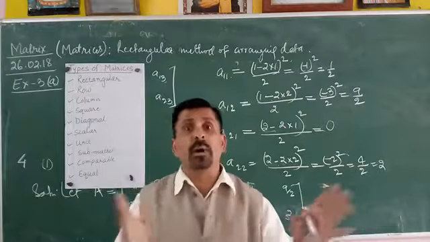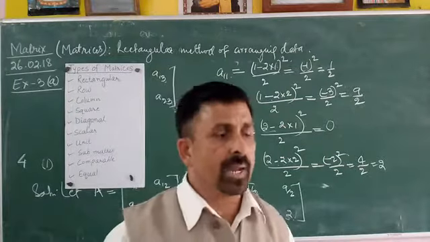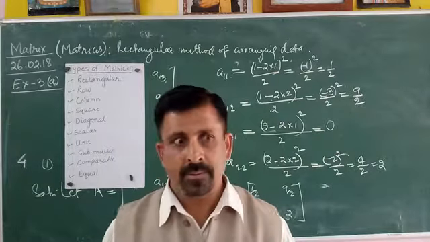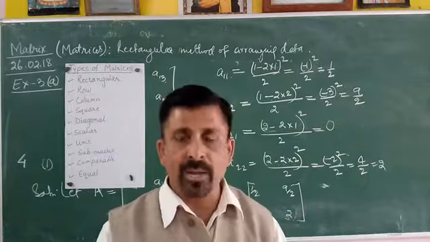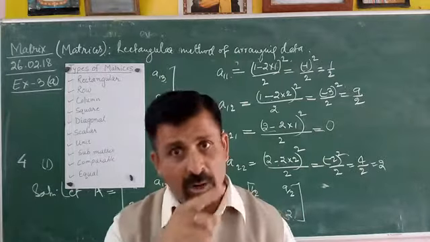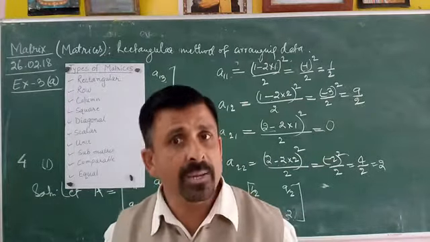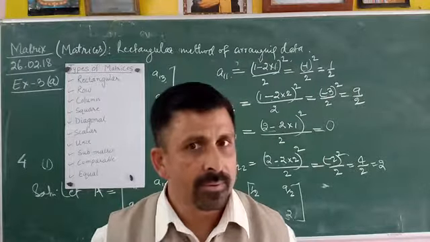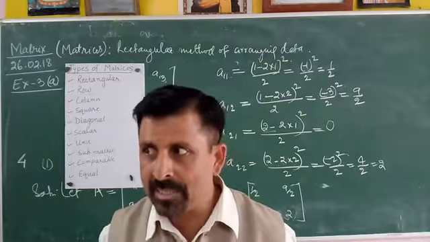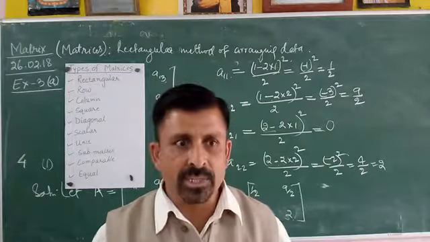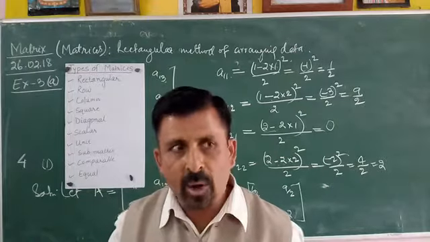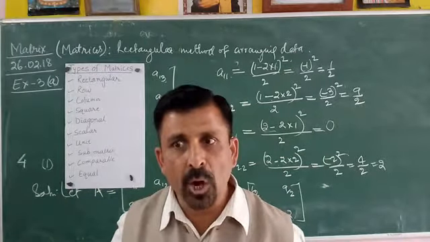Diagonal matrix is a square matrix. Diagonal matrix is always a square matrix. A square matrix in which the elements along the diagonal can be any non-zero number.